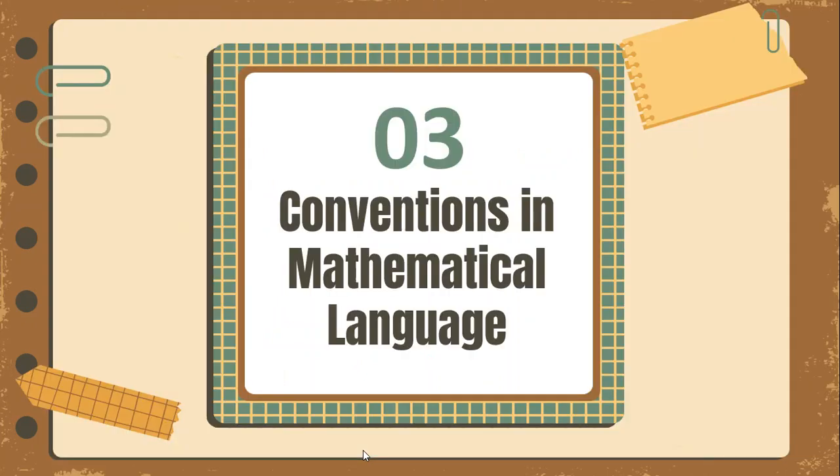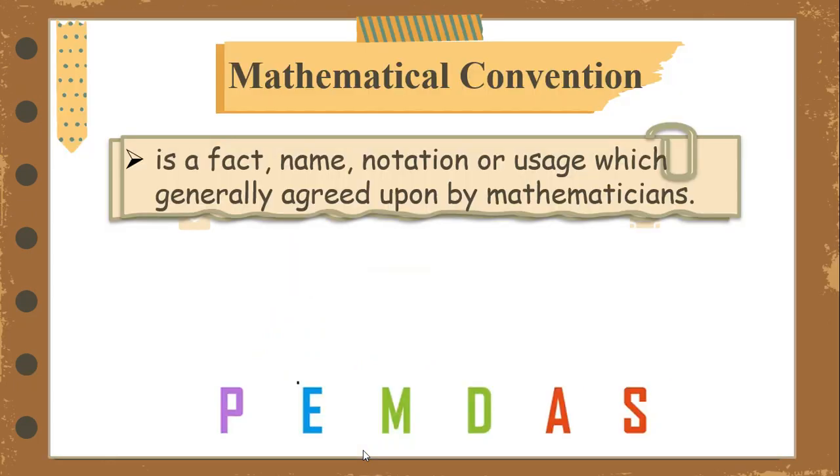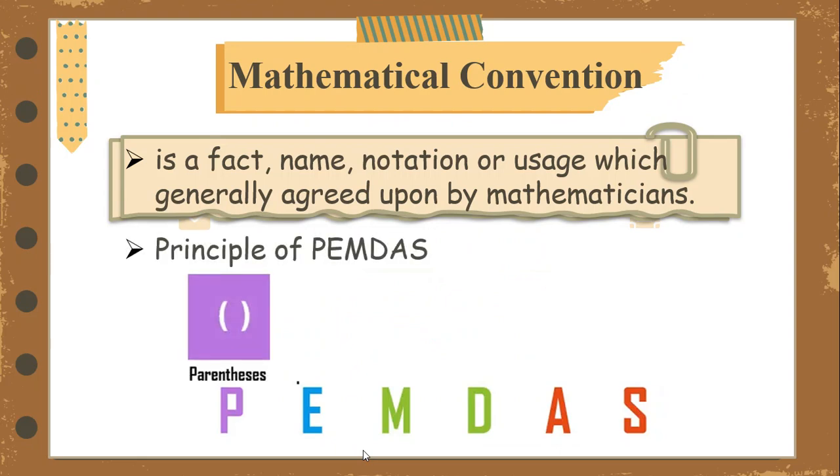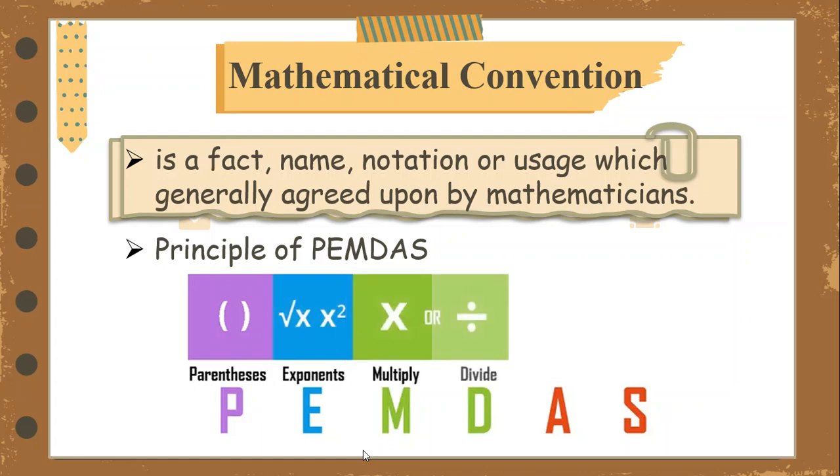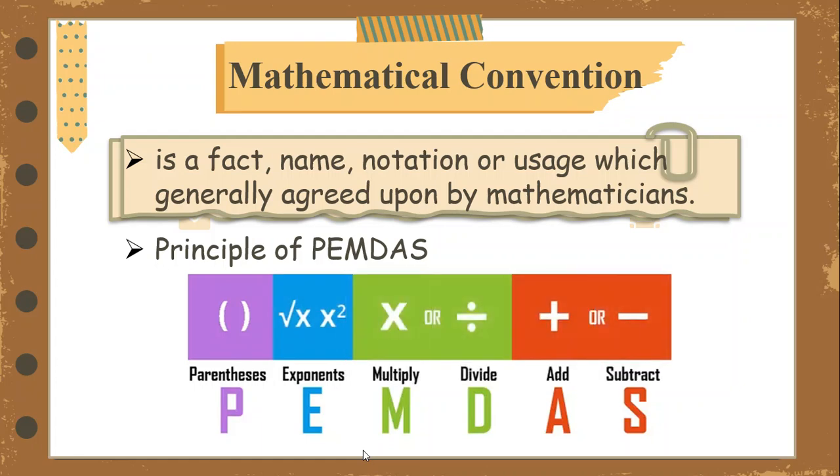And now let's go to the conventions in mathematical language. A mathematical convention is a fact, name, notation, or usage which is generally agreed upon by mathematicians. It uses the principle of PEMDAS, which is parentheses, exponents, multiplication, division, addition, and subtraction. When you see parentheses and exponents, you do those first, then multiplication and division.